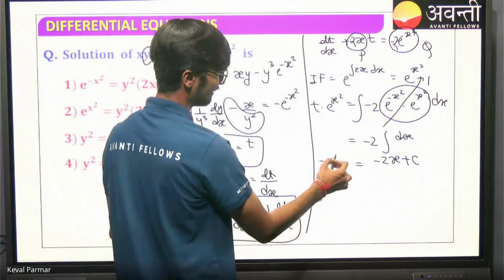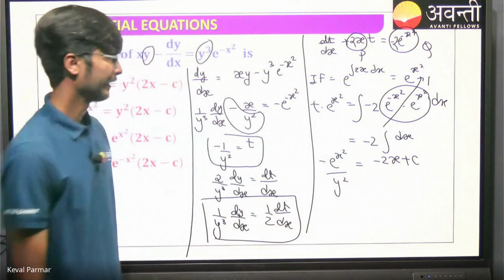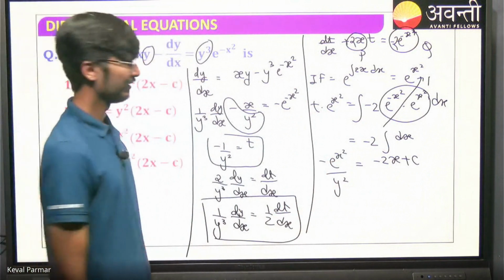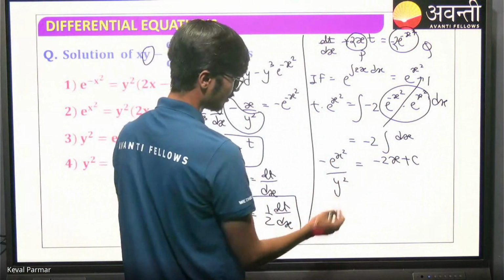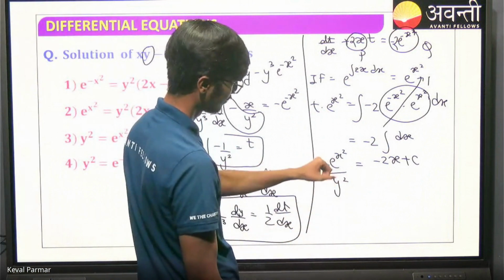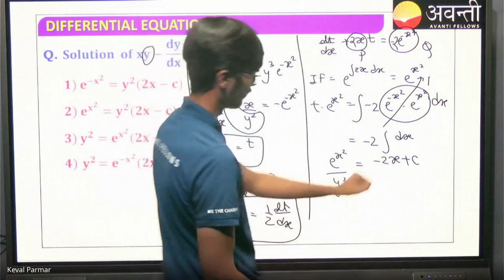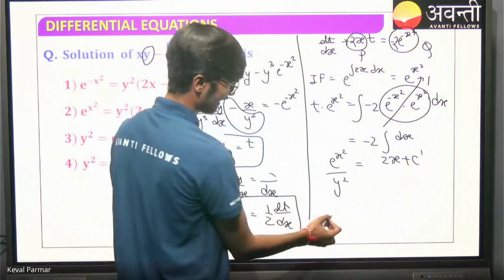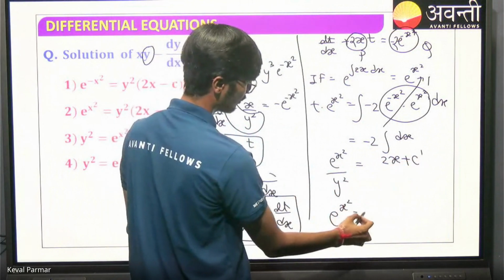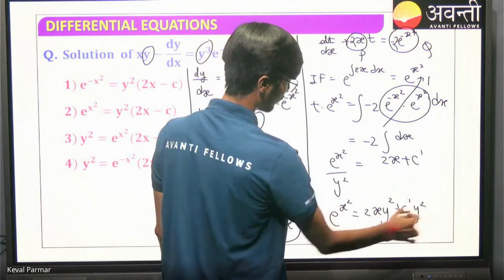So minus e raised to x square by y square. Right? We can cross multiply here easily. First remove the minus. If I change the minus, the line is gone. This becomes minus c dash. So I'll get e raised to x square is equals to 2xy square plus c dash y square.